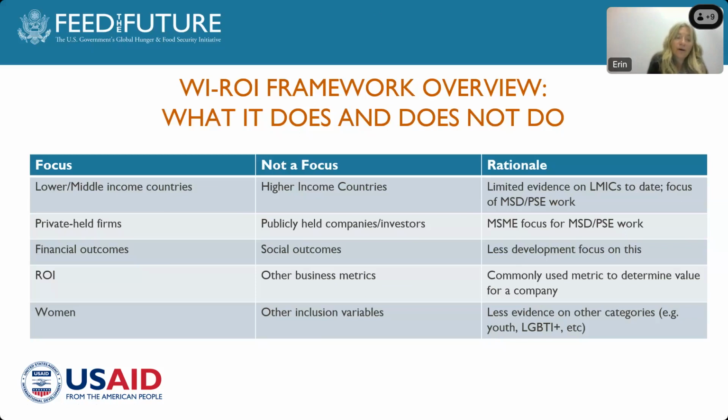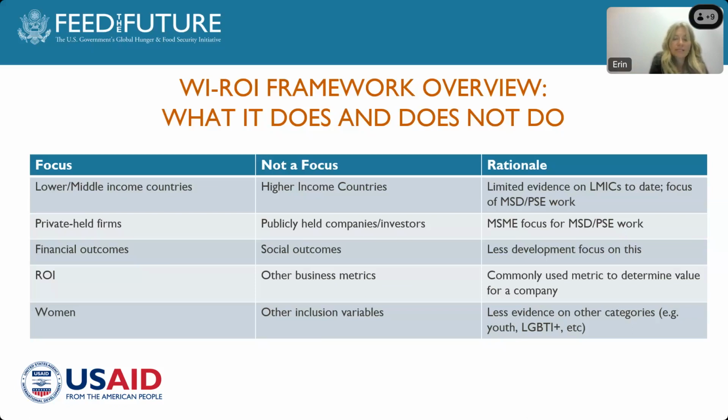Looking at a WE ROI or an ROI calculation can help you understand how these different interventions compare, intra-firm. So if you try a few different interventions within a firm, you can compare apples to apples, but it also can help you look across contexts and across sectors, which is also why it's used a lot in the business world.